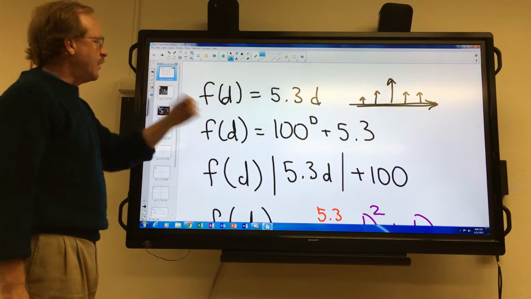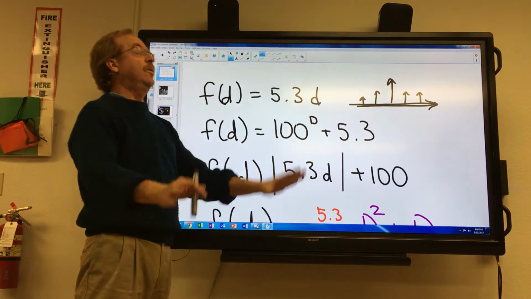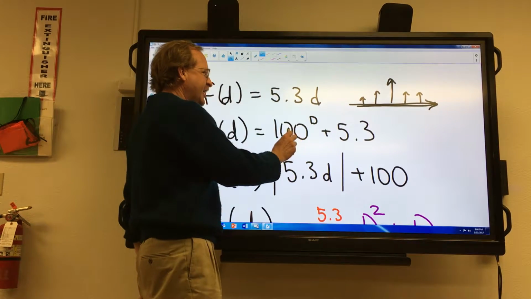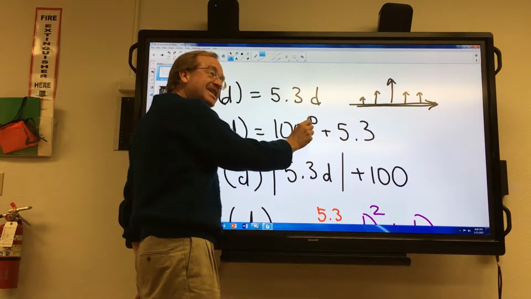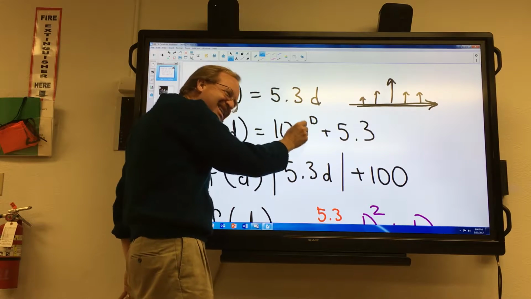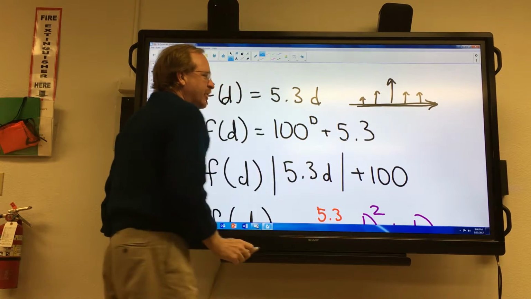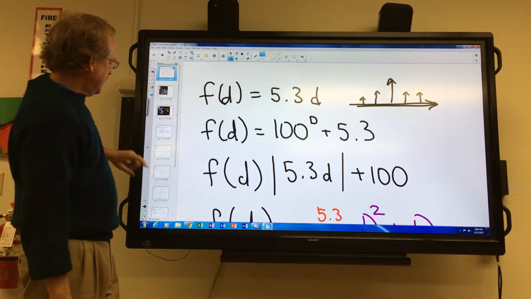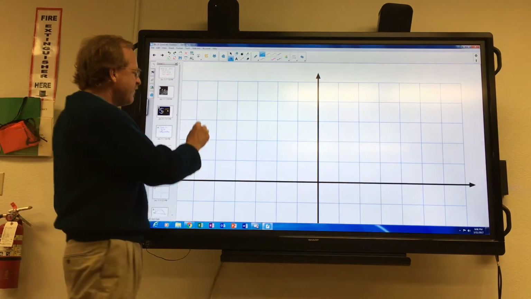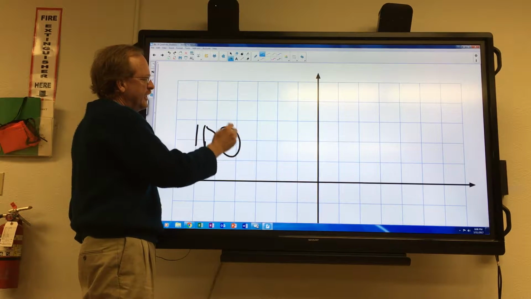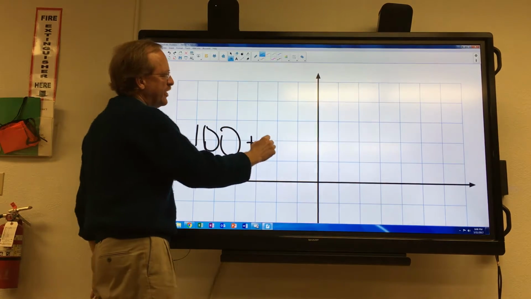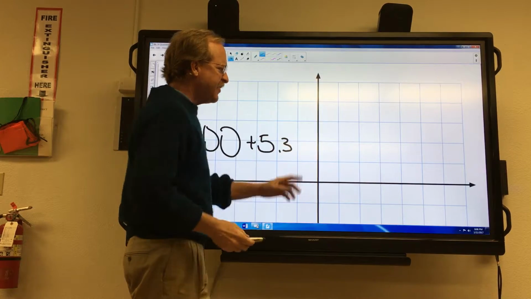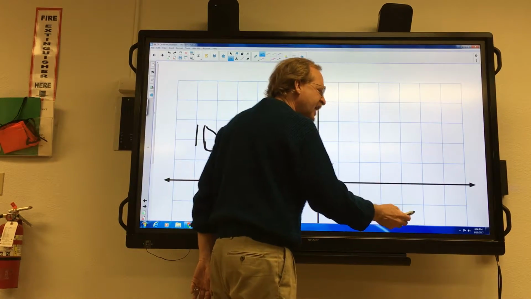So let's look at our second one. 100 to the d, we're going to put the d as an exponent, plus 5.3. Let's think about that for a second. So you have 100 to some exponent power plus 5.3. Let's just say for the sake of argument that we're 100 feet out.